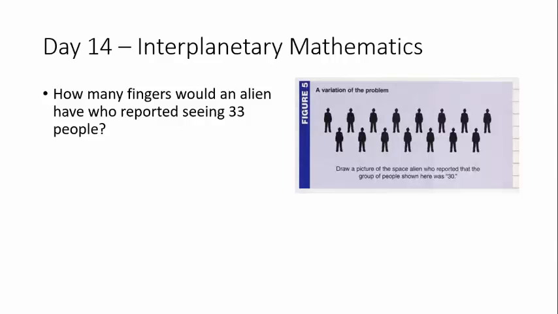How many fingers would an alien have who reported seeing 33 people? Okay, work on this on your own for a moment. Pause the video and then restart the video to see the explanation and the answer.